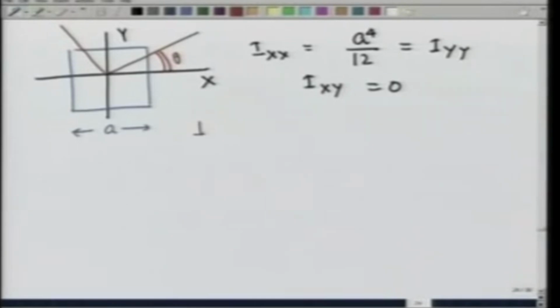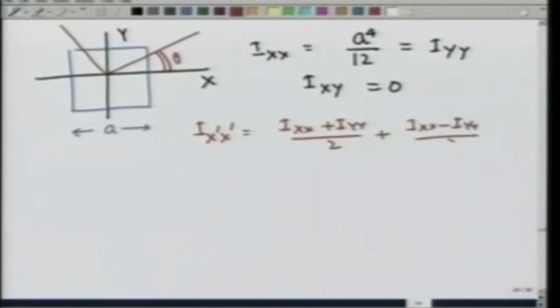So let me write in red, Ix prime, which is equal to Ixx plus Iyy divided by 2 plus Ixx minus Iyy divided by 2 cosine 2 theta minus Ixy sine of 2 theta, is going to be equal to Ixx again.